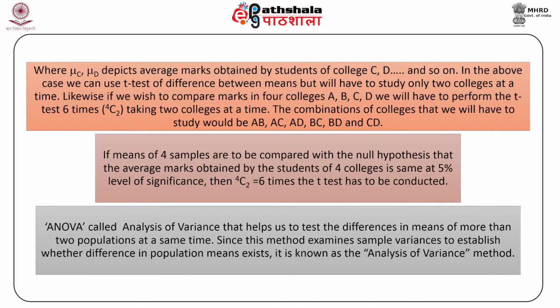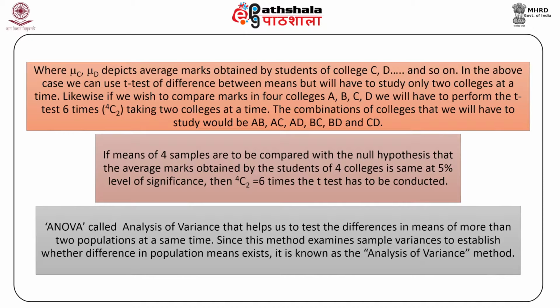You would appreciate that when more than two populations are involved, the t-test for difference between means at a specific level of significance, say 5%, becomes a very cumbersome process. If means of 4 samples are to be compared with the null hypothesis that the average marks obtained by the students of 4 colleges are the same at 5% level of significance, then 4C2, that is 6 t-tests, have to be conducted.